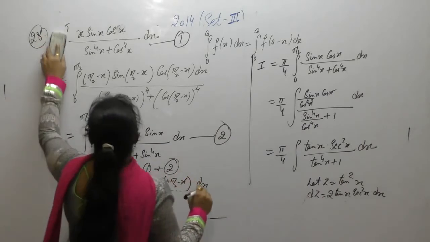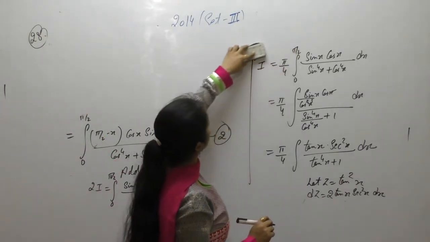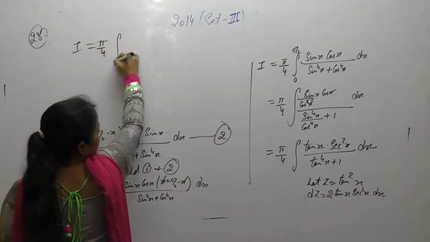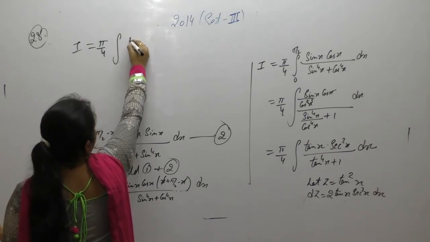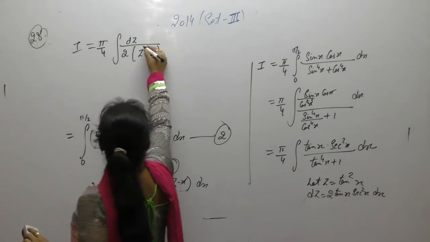Now put this value: pi by 4, dz upon 2 times z square plus 1.